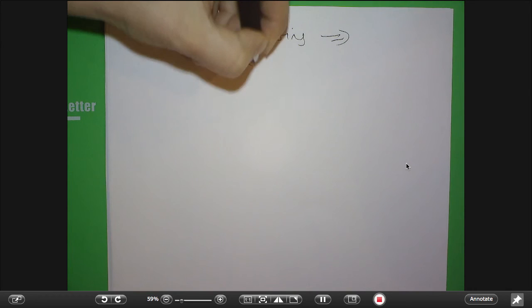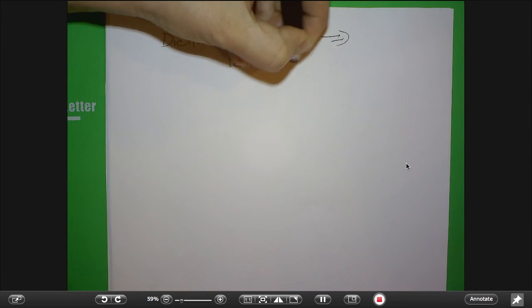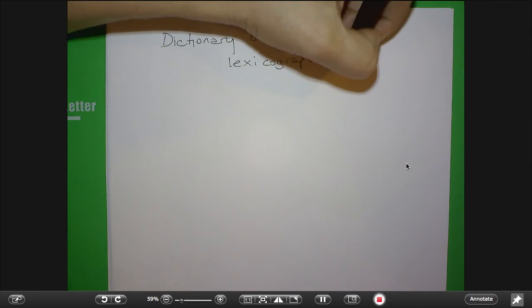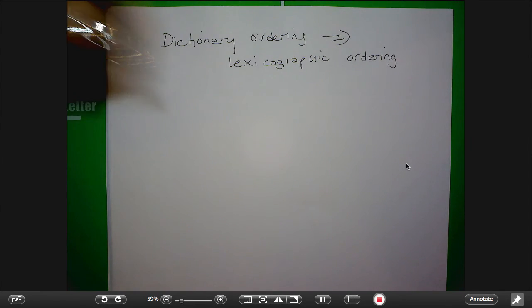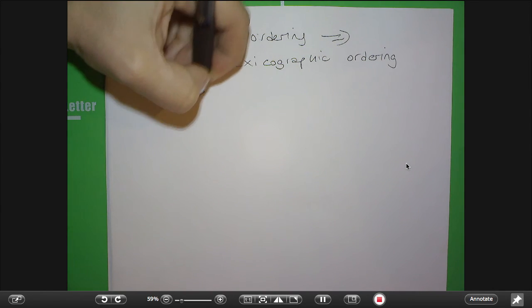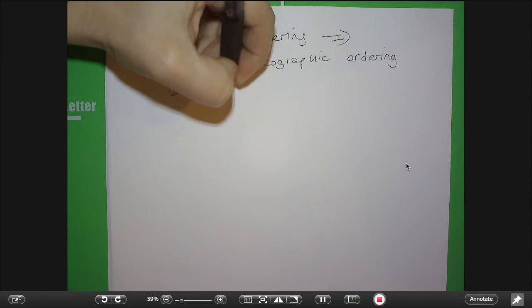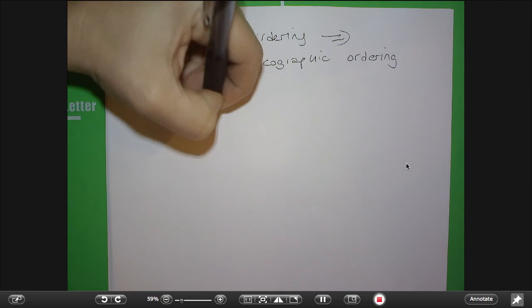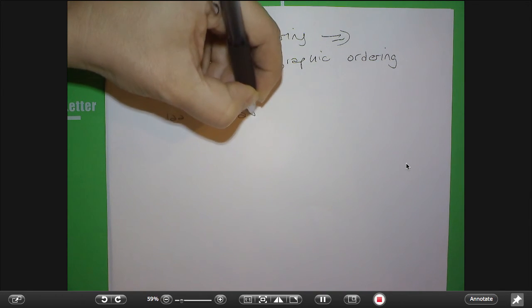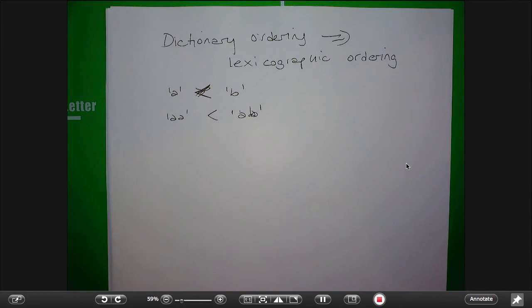Which is called lexicographic ordering. So, first of all, it is alphabetical ordering. If you have multiple letters, it's up to the letter that they differ.